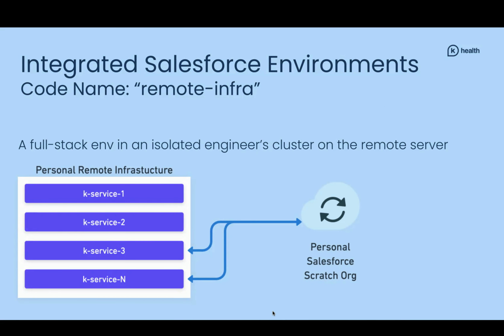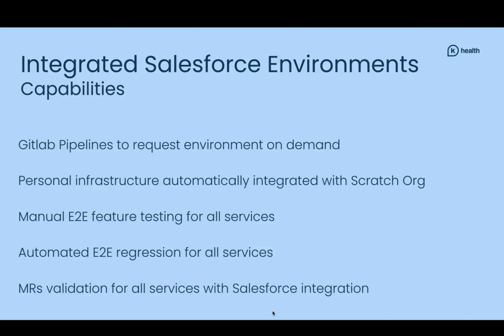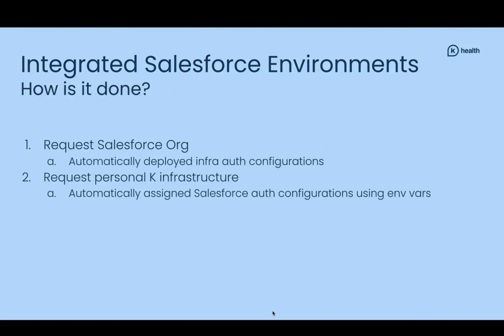There should be this connection. And so we've got that by the idea that you can request the org, which is automatically pulled out of the infrastructure pool, where we have about, I think, 130 organizations automatically prepared, and we automatically deploy the authentication configurations there.